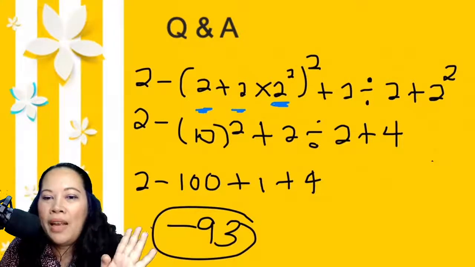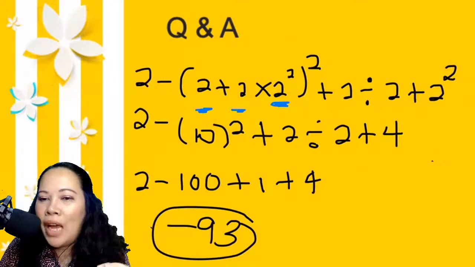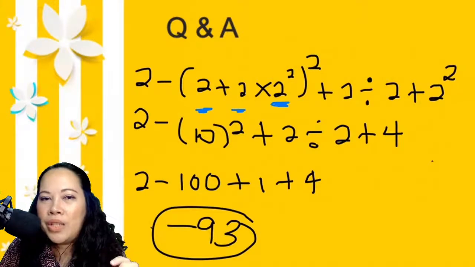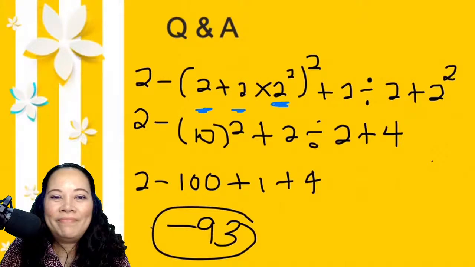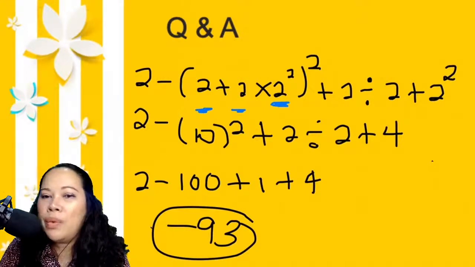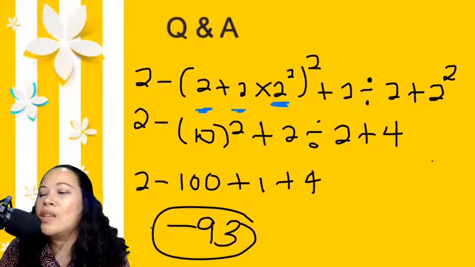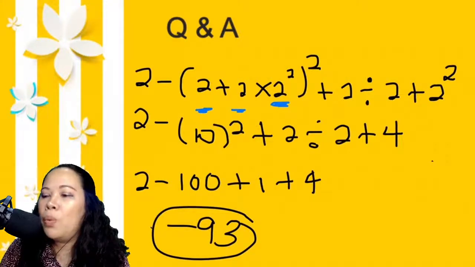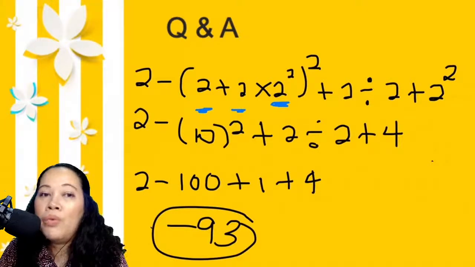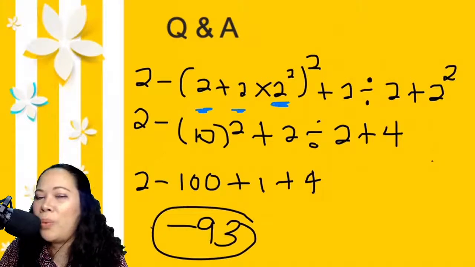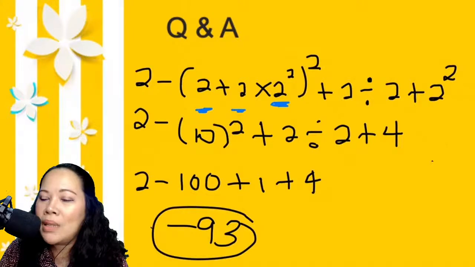Questions so far? You can chat, you can type your question. All right, if there's no question, just to recap what we have discussed in maths, the order of operation follows BIDMAS or PEMDAS or BODMAS, okay?